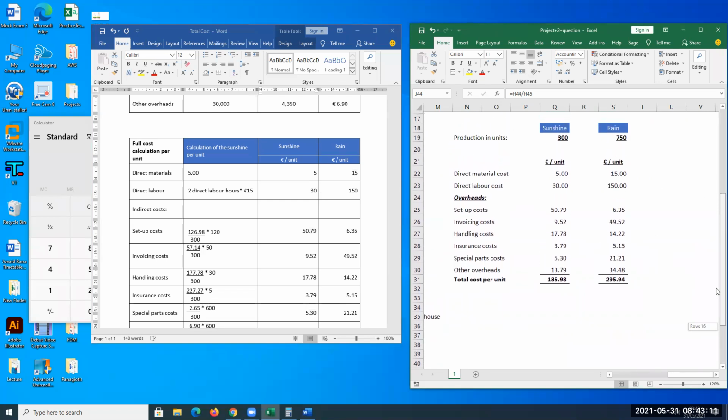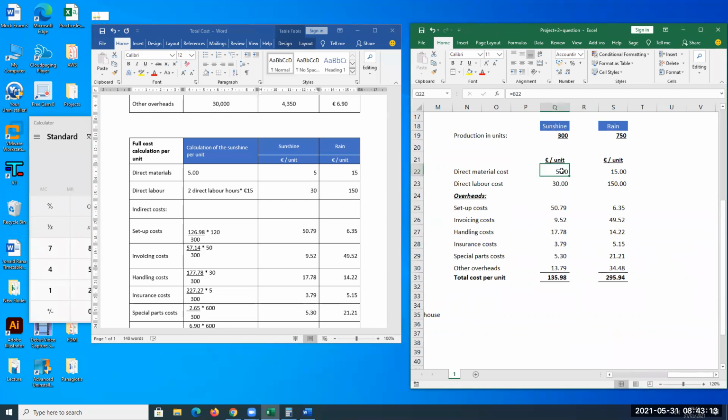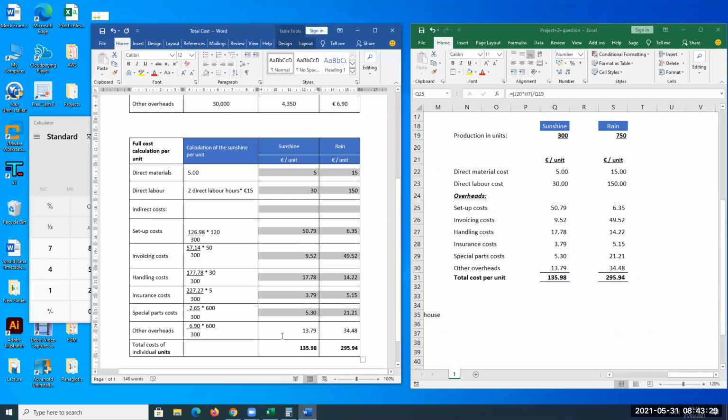To make 1 unit of sunshine is 5, 30, 50.79, 9.52, 17 handling cost is 17.78, 3.79, 5.30 special pot cost, and other overheads 13.79. So the total 135.98 for the rain product.